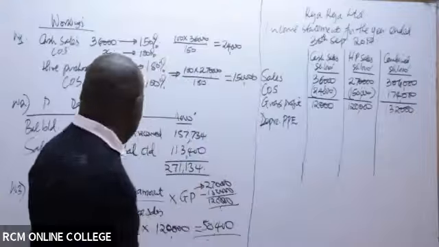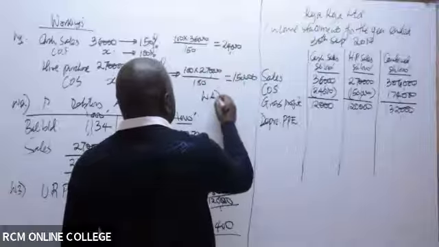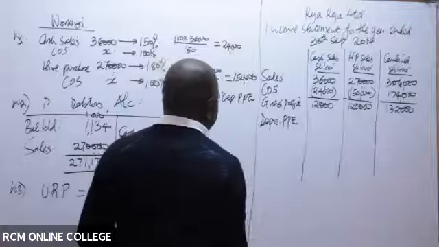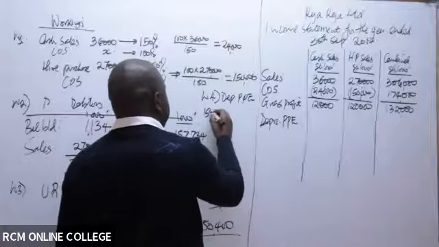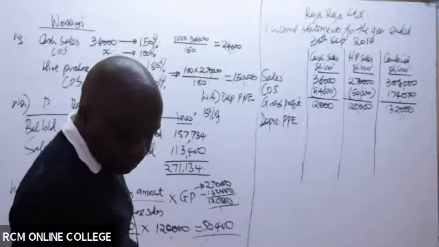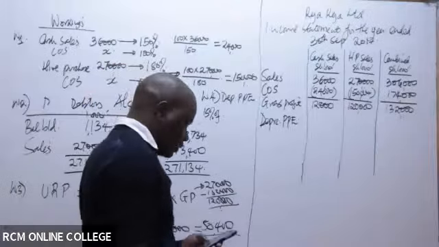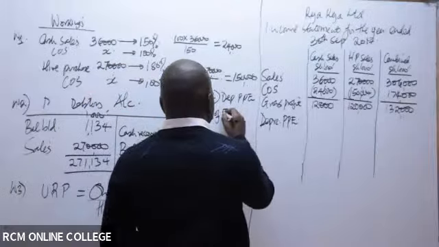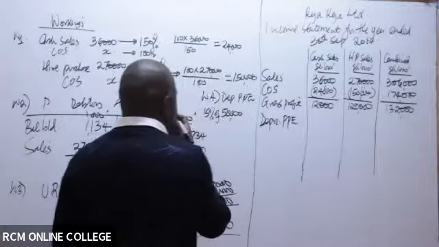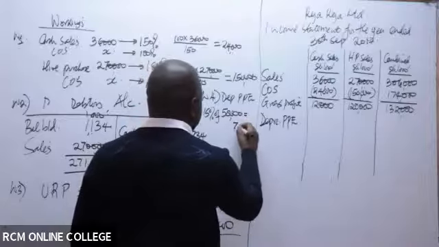So you can have a working for depreciation. 15% of the cost of property, plant, and equipment, which is 50,000, gives a value of 7,500.